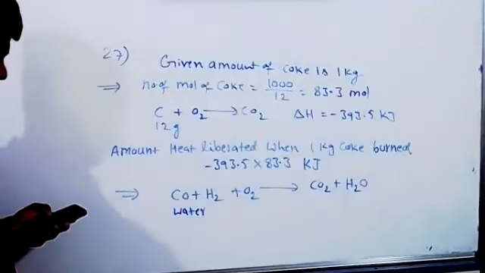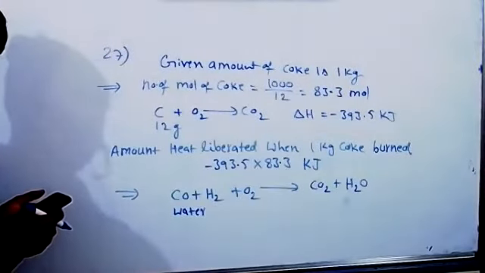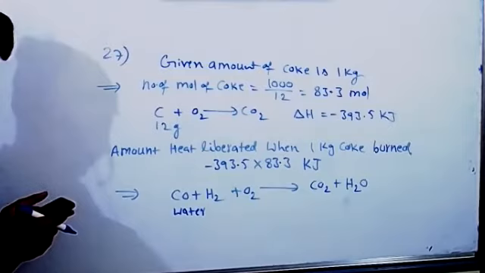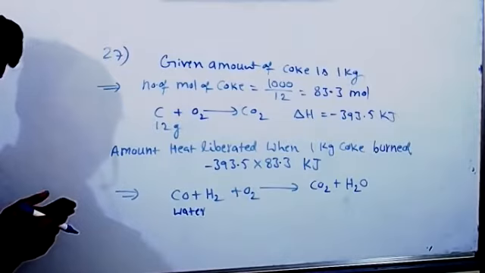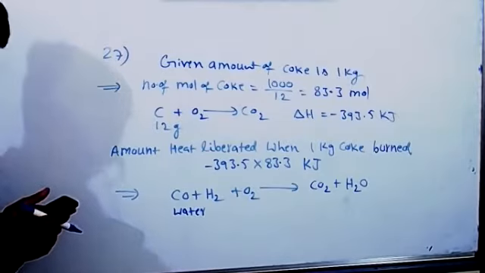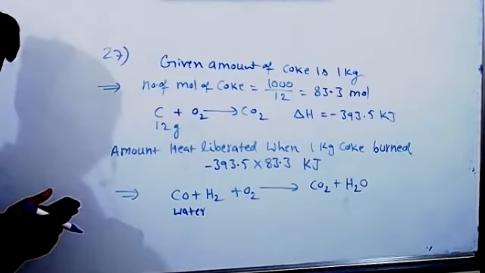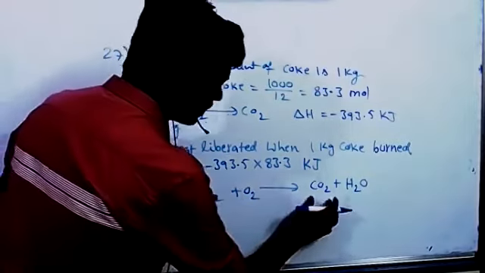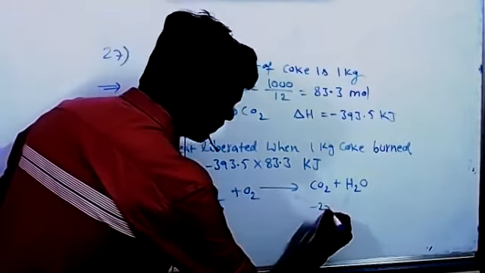So the amount of heat liberated: both having 285. To get carbon dioxide, minus 285.